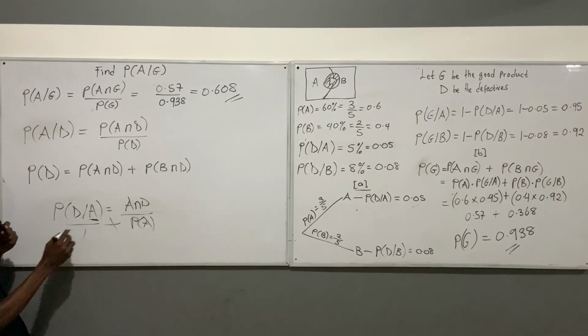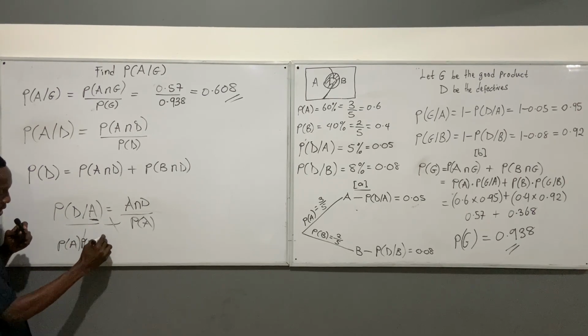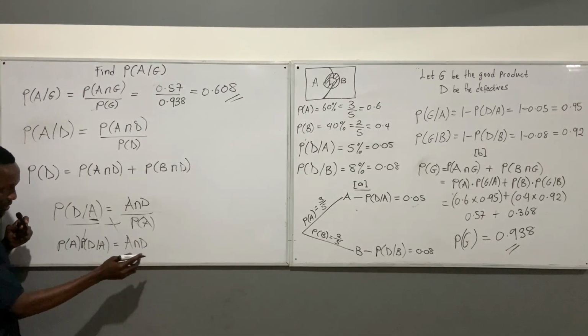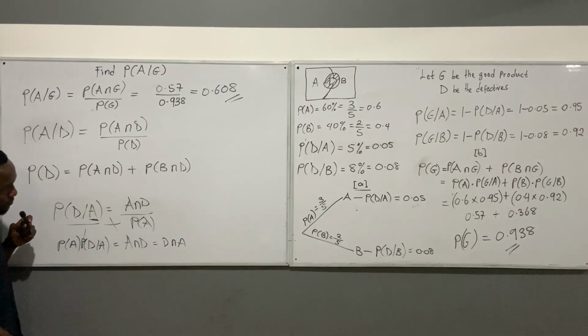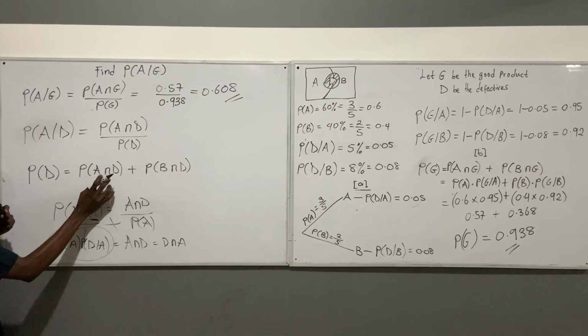So now, like I explained earlier, once this is over 1, once we cross multiply here, what are we having? We have the probability of A multiplied by its conditional probability, P of D given A has occurred, will give us A intersection D. Remember, A intersection D is equal to D intersection A. Okay, so this side is what we will use to replace here.